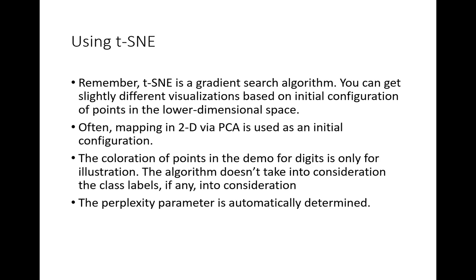And if there are multiple local minimas, then depending upon where you start, you might end up with a different result. So the point is that it's a gradient search technique. You can end up with slightly different results every time you search with a different initial solution. So typically, to minimize this and to make the search more consistent, you always choose your initial solution as the mapping that you get using PCA into 2 dimensions.